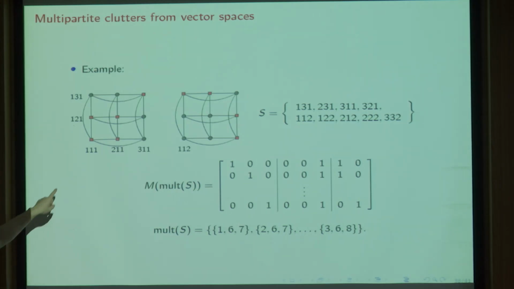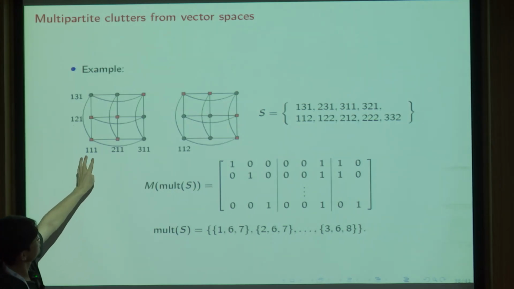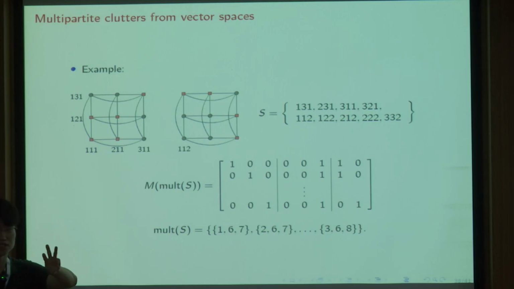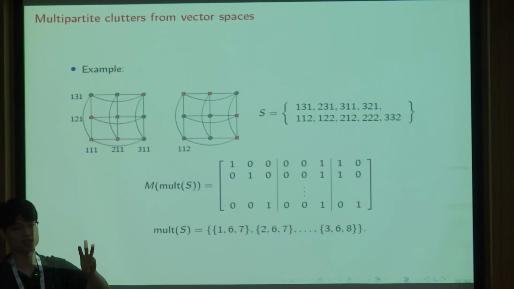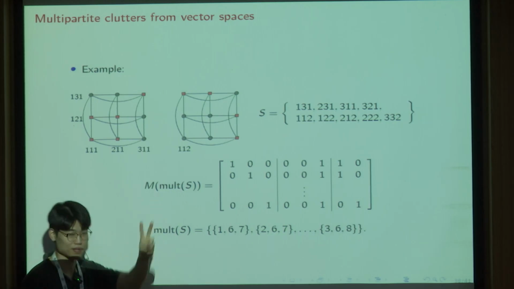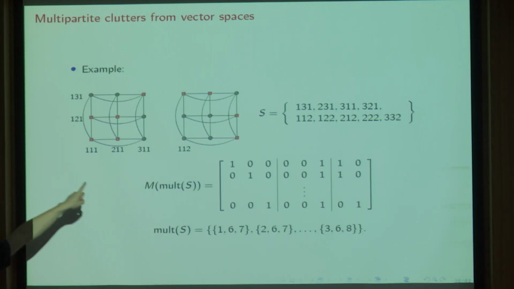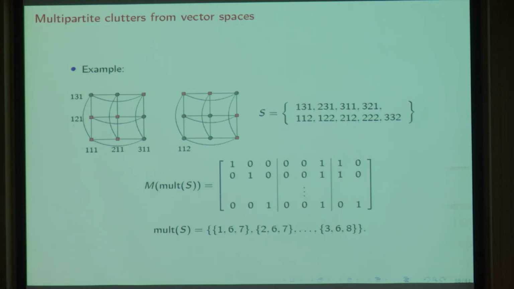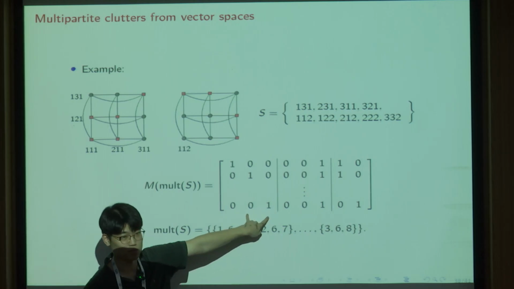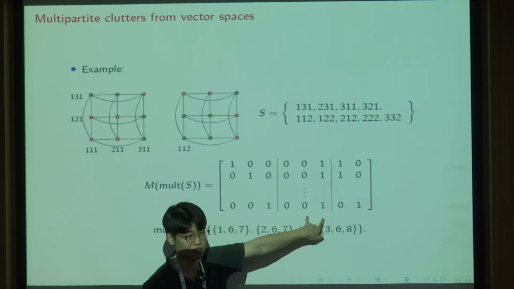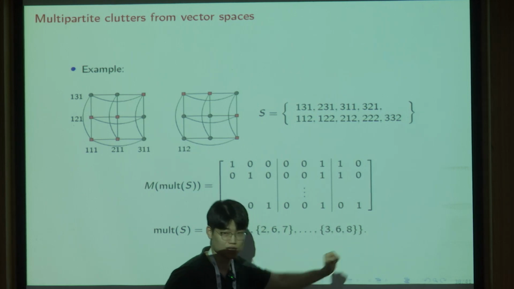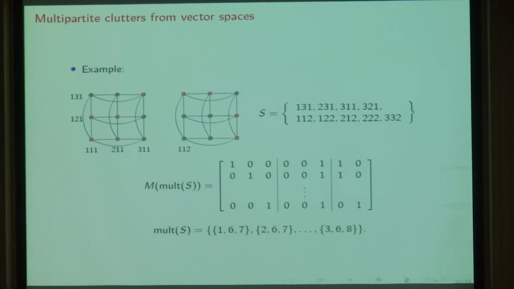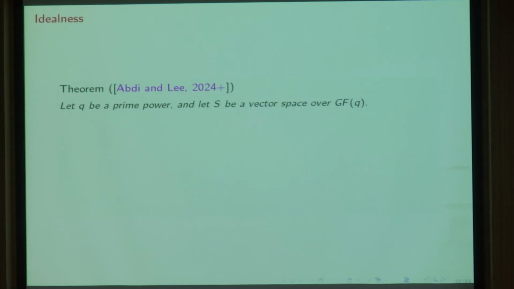Let's say we have 3 possibilities for one coordinate, 3 possibilities for another coordinate, and for the other coordinate we have 2 possibilities. One example can be expressed as this picture. Then if you look at the clutter, we have 3 columns in one part, 3 columns in the second part, and 2 columns in the last part.